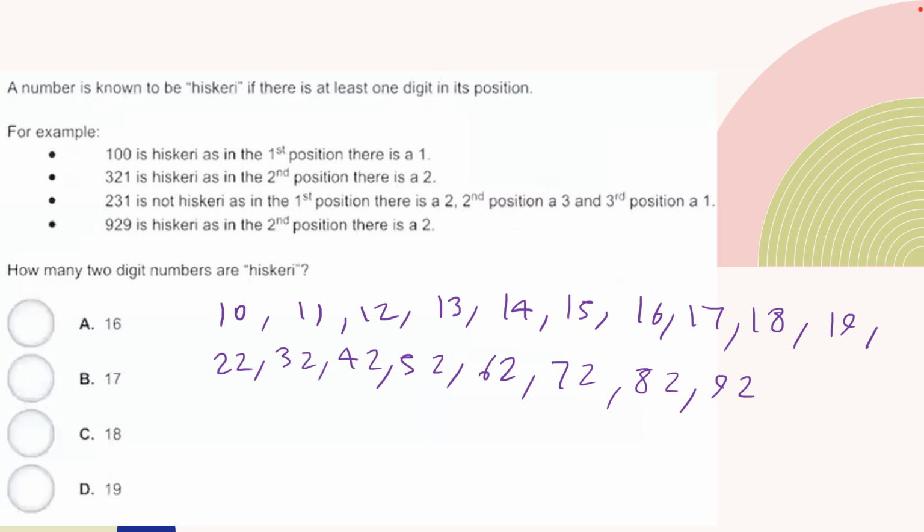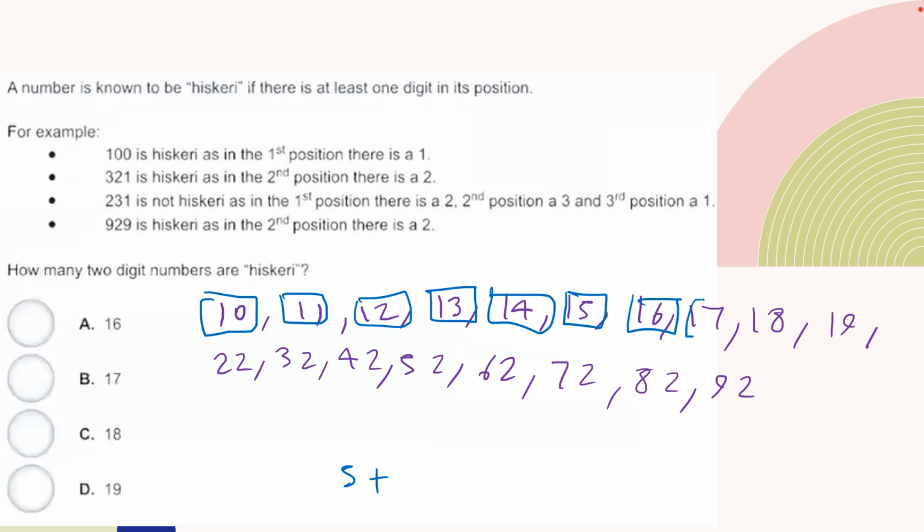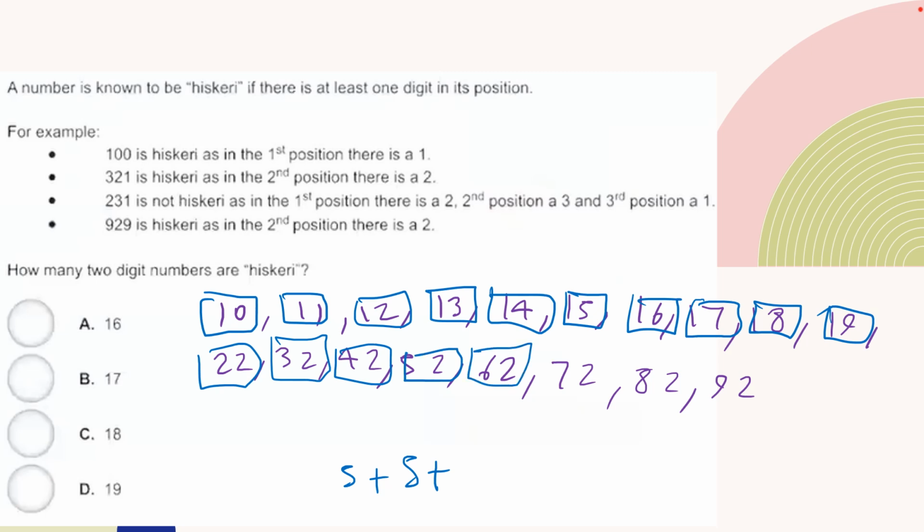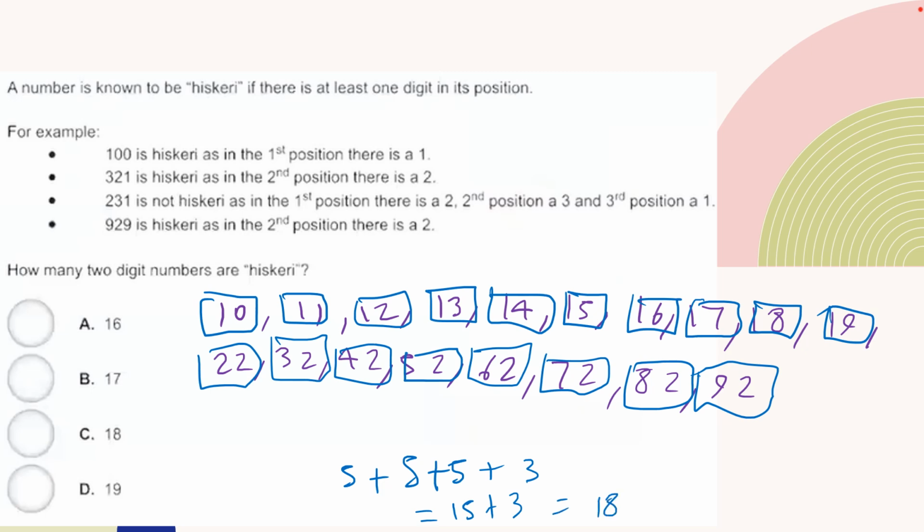So these are the numbers which are scary. If I count them, I have 1, 2, 3, 4, 5, 5 plus 1, 2, 3, 4, 5, 1, 2, 3, which equals 15 plus 3, which equals 18, which is why this is the answer.